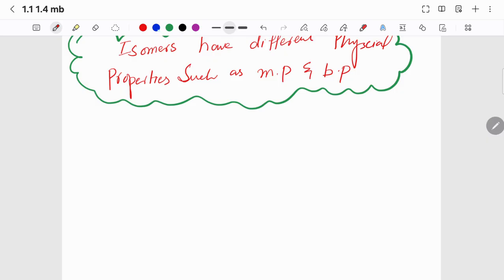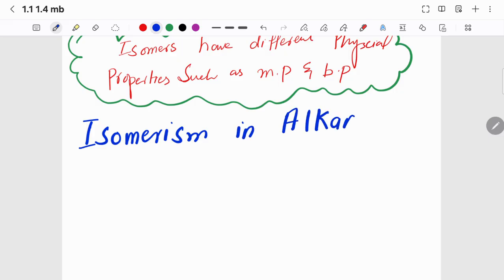Okay, so let's understand it with the help of an example. Isomerism in alkanes.